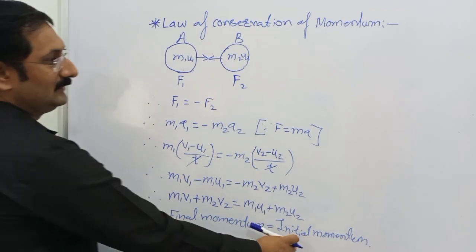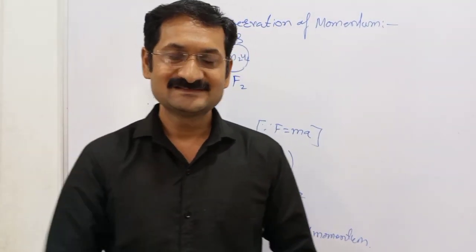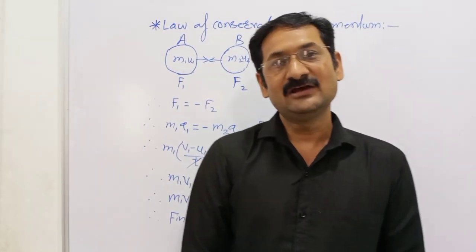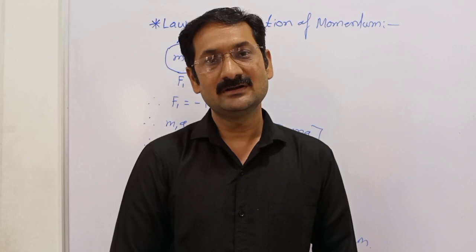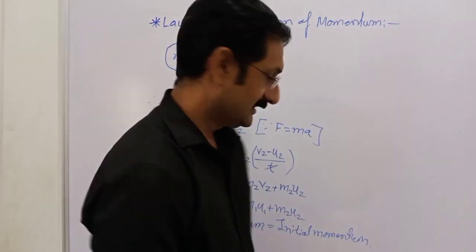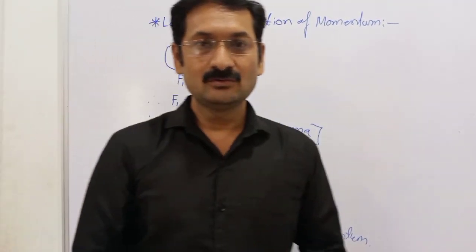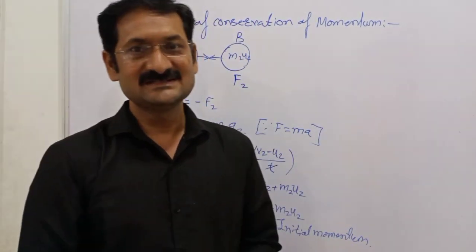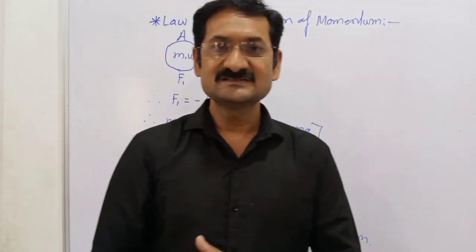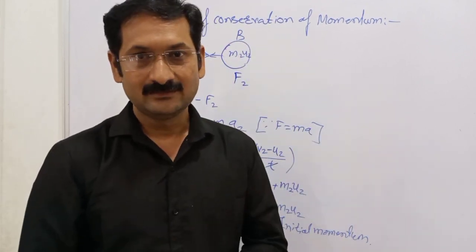And this is called the law of conservation of momentum. So friends, listen carefully. When two bodies collide and no external force acts on them, their total momentum is conserved. Means their total momentum before collision is equal to their total momentum after collision. This is also called a corollary of Newton's third law of motion.